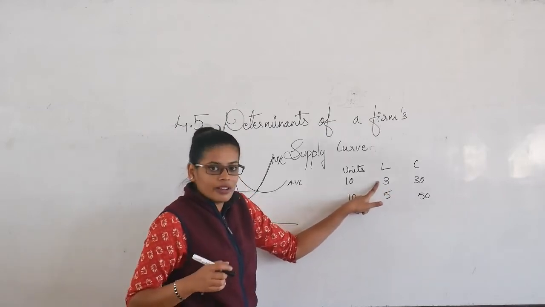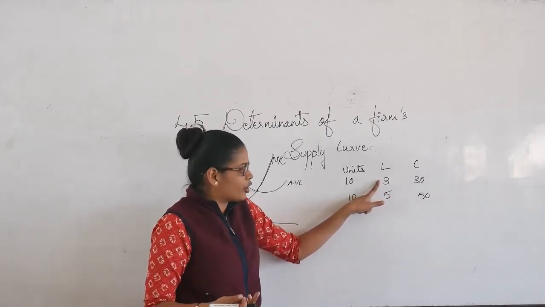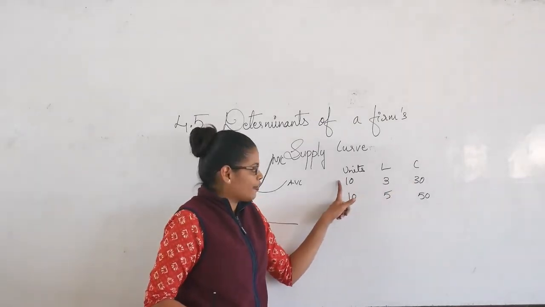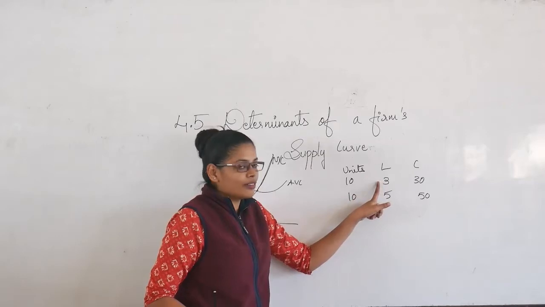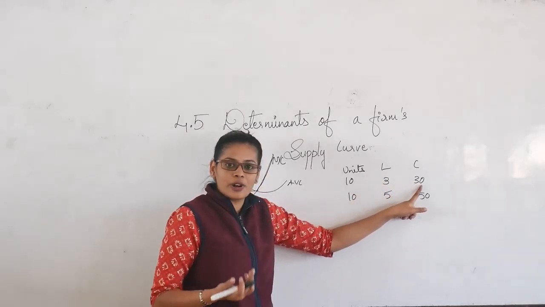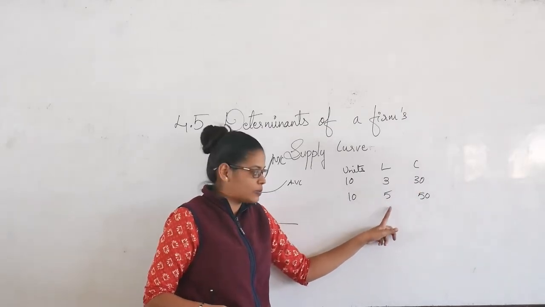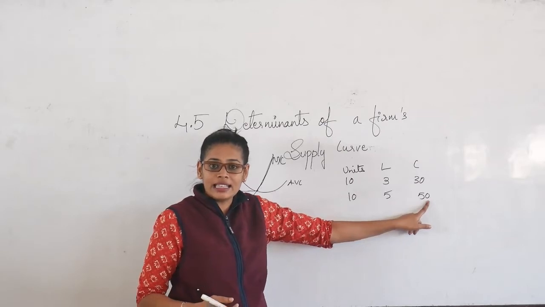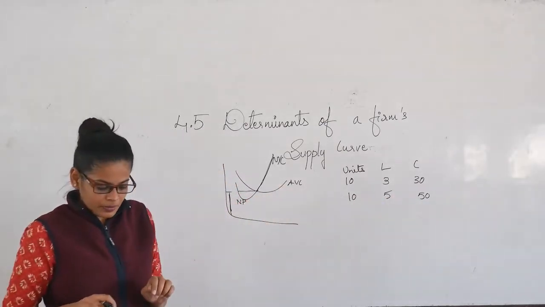The labor wage rate has increased from 3 to 5. To manufacture 10 units, when the labor charge was 3, we used to get cost of production as 30 rupees. But when it has been increased to 5, now the cost of production we are incurring is 50 rupees.